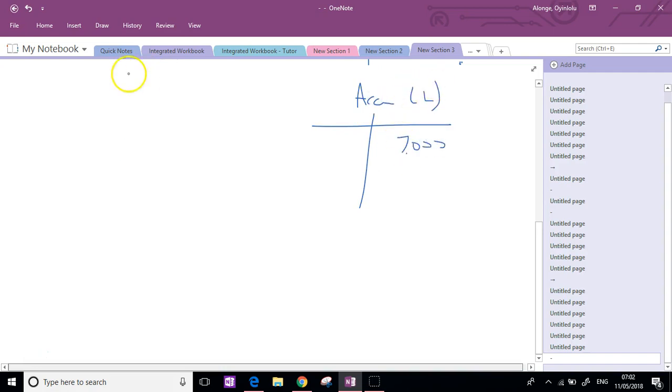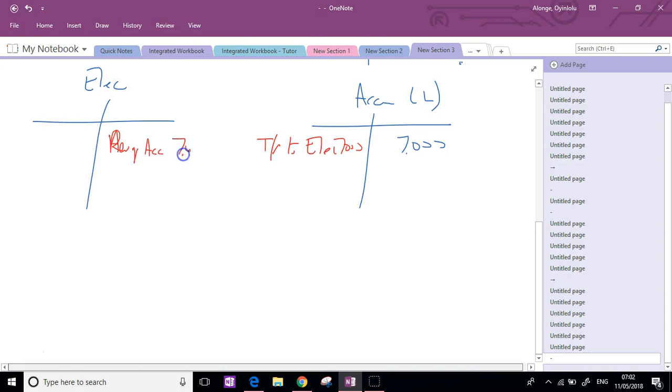For the next period, for electricity, your first task is to transfer this figure from here to electricity, 7,000. You can call this reversal of accruals, 7,000. So we can clearly see that when we're about to begin we owe this 7,000.